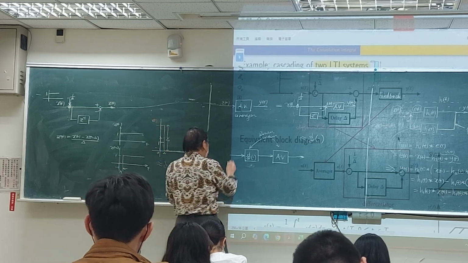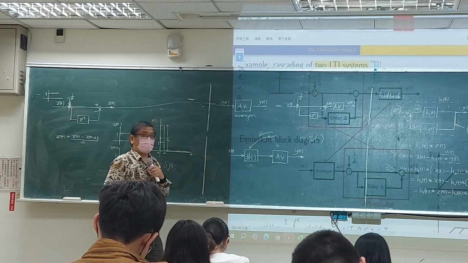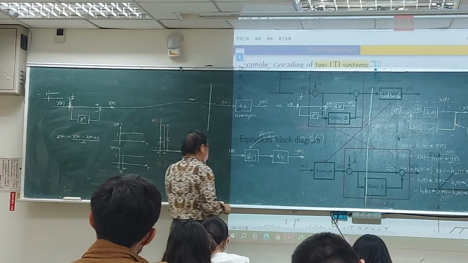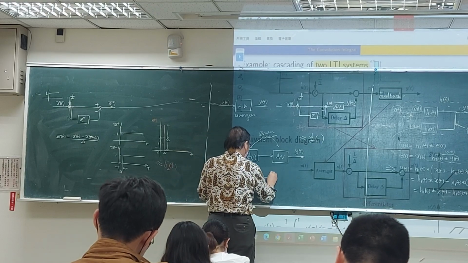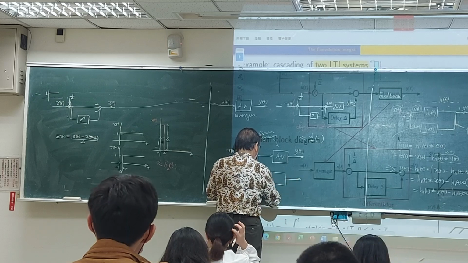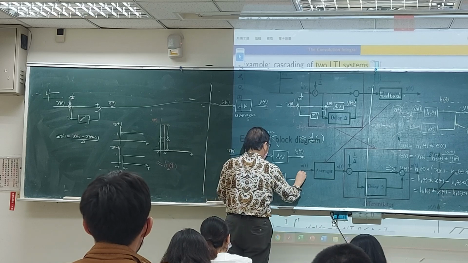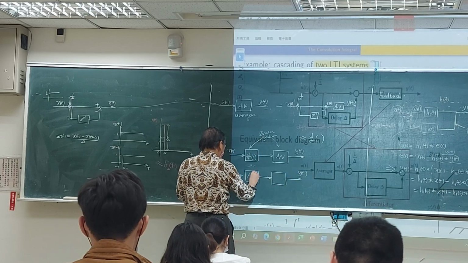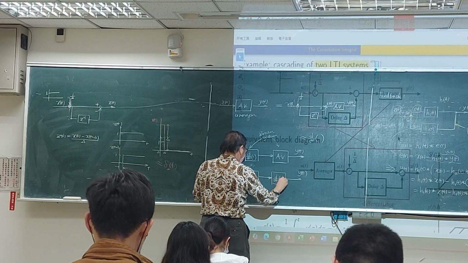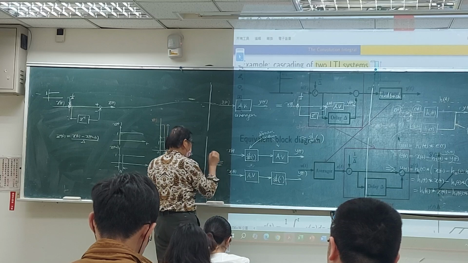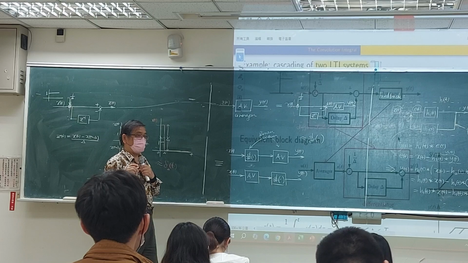Which means, from the previous result, we know that for a linear system, we are able to interchange the order of the connection. So I can put the average first, and then put the differentiator later. And these two are equivalent.